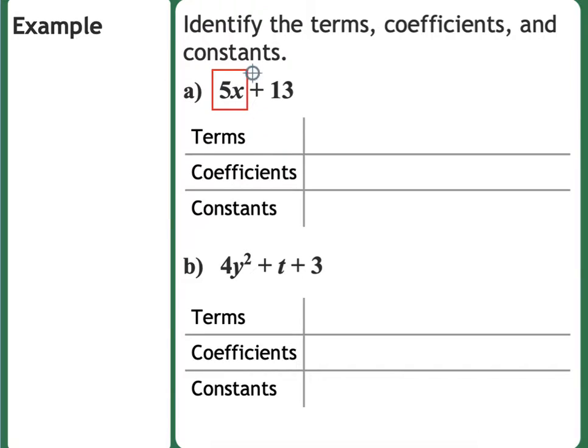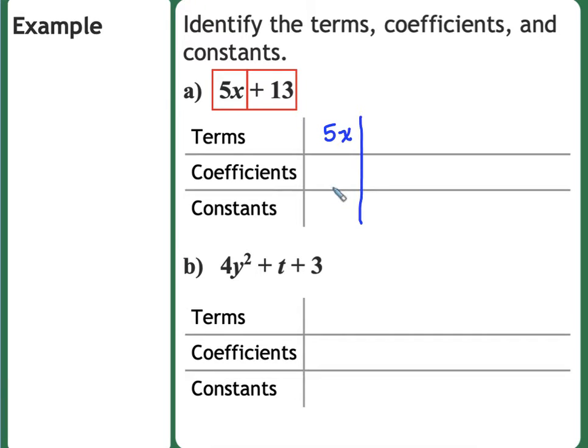So we have 5x, and when I box up the terms, I also like to box up the operation, either addition or subtraction. And addition means we have a positive term. If we had subtraction, it would mean we have a negative term. Alright, so let's start with the 5x. That's our first term, so I'm going to write it here.